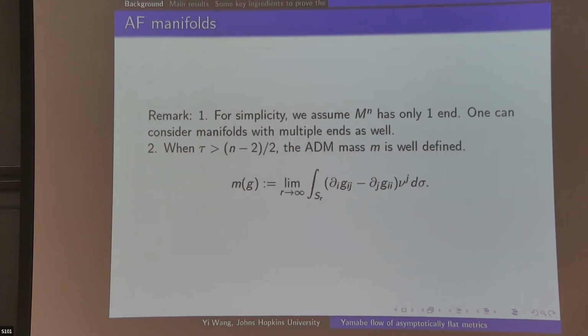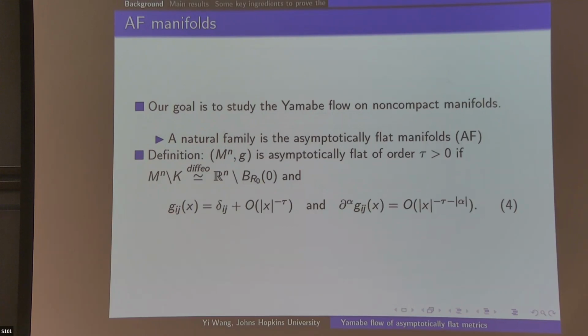And do you need this for all alpha or just some range of alpha? Yeah, that's a very good question. People usually consider, for example, curvature, so they usually put tau alpha bigger than or equal to 2, and sometimes they need to take derivatives of curvature, so it depends on the context.